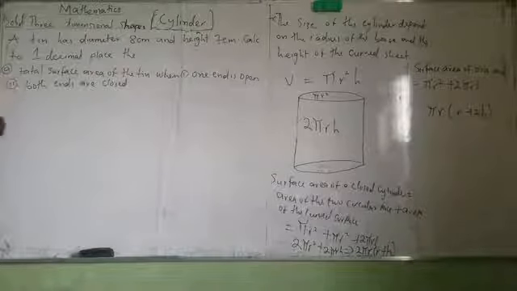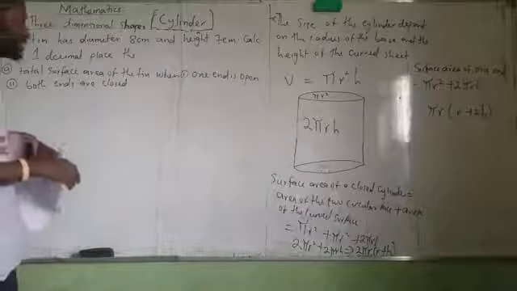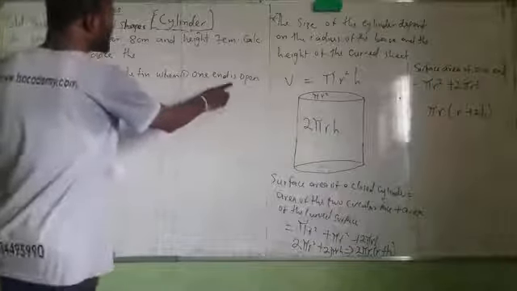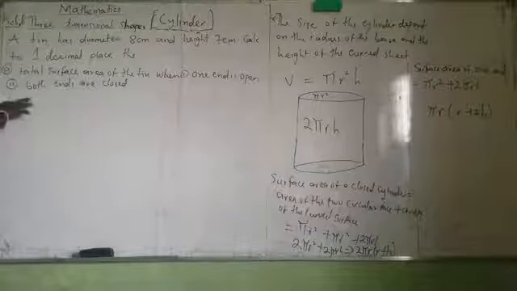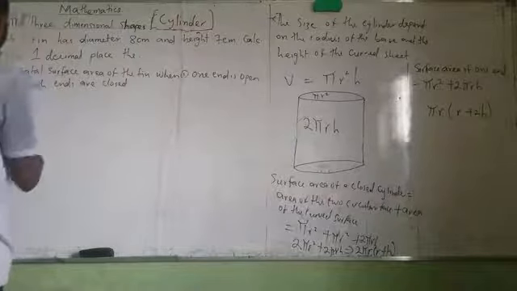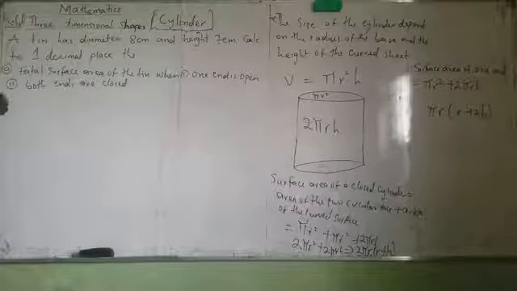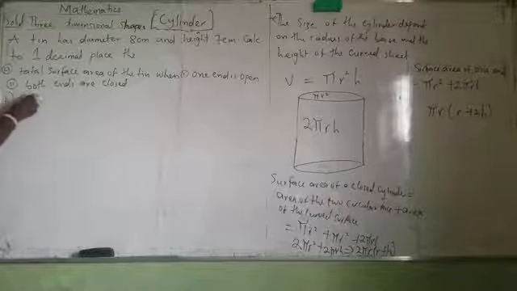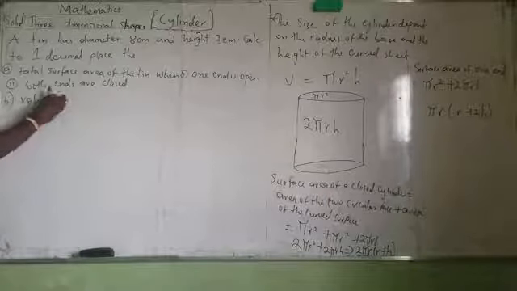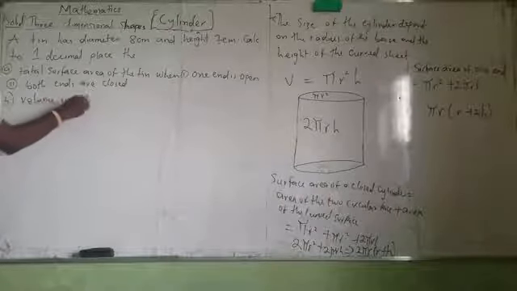The number one, total surface area of the thing when one end is open. 2, when two ends are closed. And the question remains, B, volume in liters.